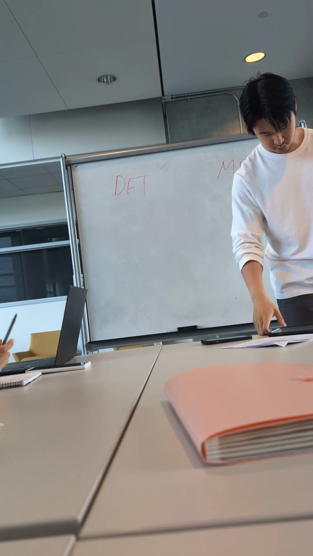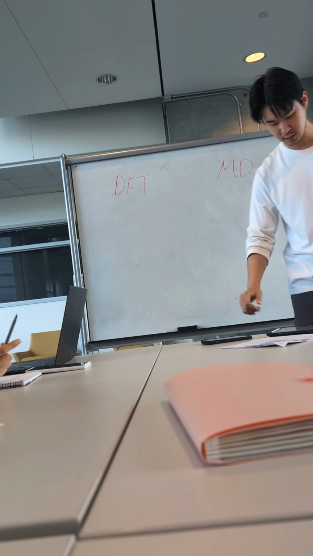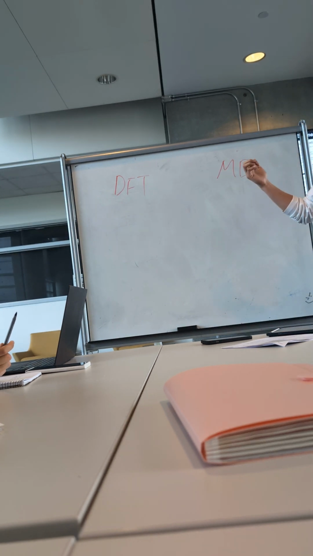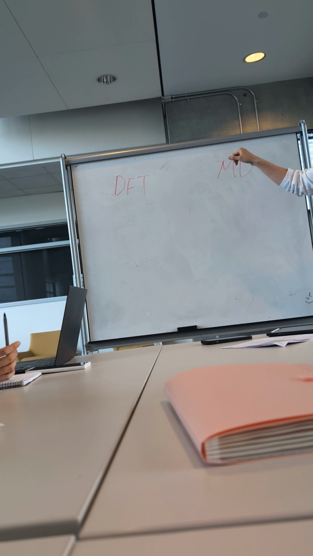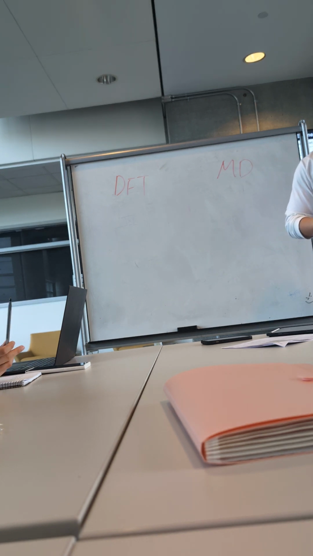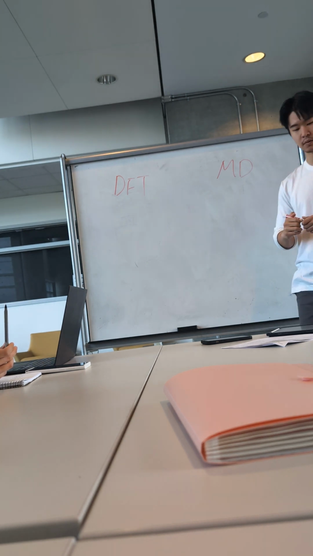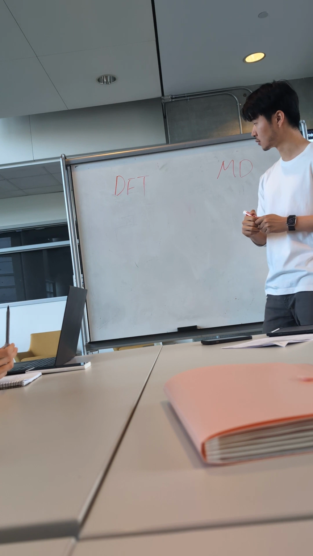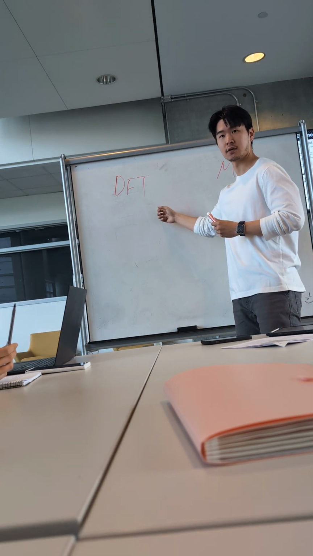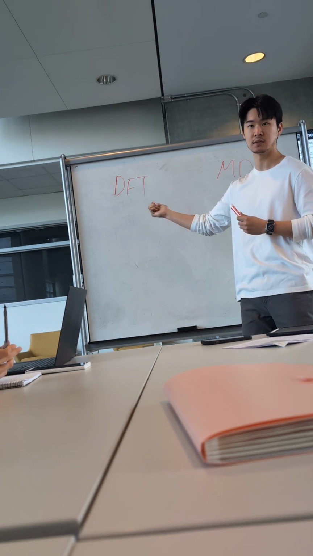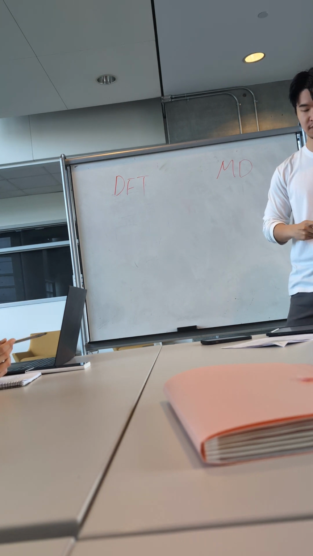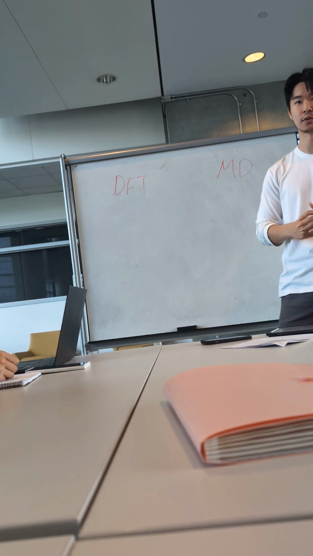One thing I also want to mention, he might be asking about the difference between DFT and MD, which I'll go through later on, but before, I think you guys need to know about ab initio. Ab initio was pretty much solving the Schrodinger equation that I just wrote down. Ab initio, by the word itself, means first principle.